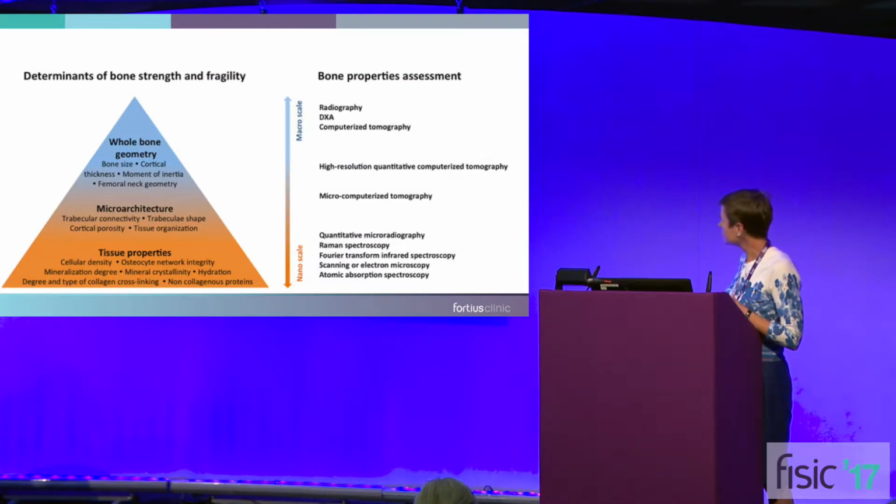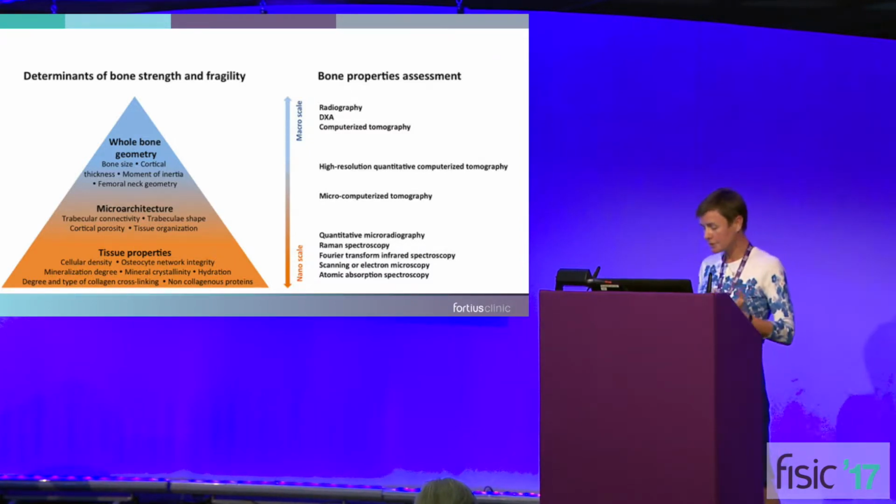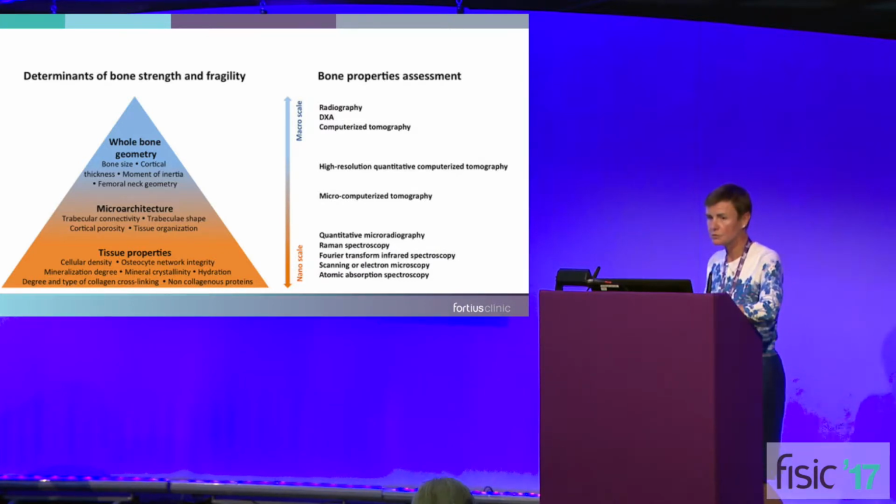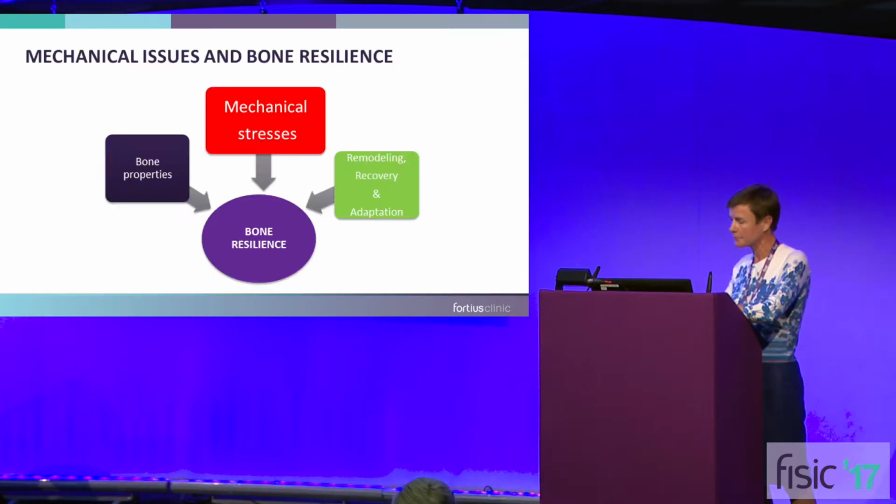So this is just a summary of the bone imaging side of things that we talk a lot about DEXA, and we sometimes use a bit of CT, but in terms of looking at the tissue properties of the bone in some individuals, sometimes we just have to draw a conclusion that there's something different about that individual's bone that we can't quite measure yet.